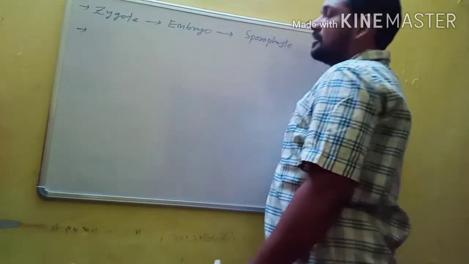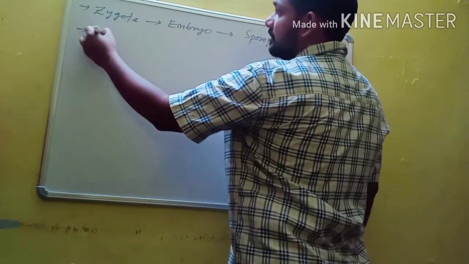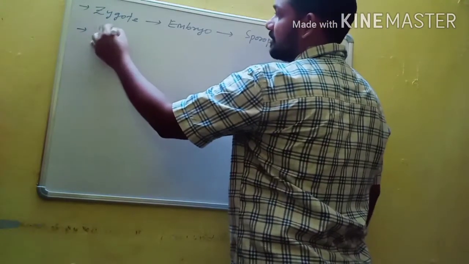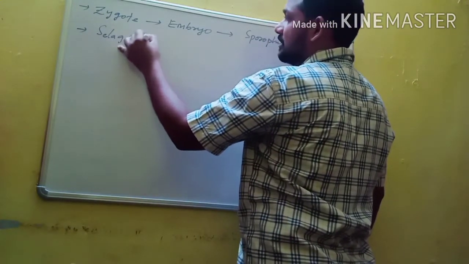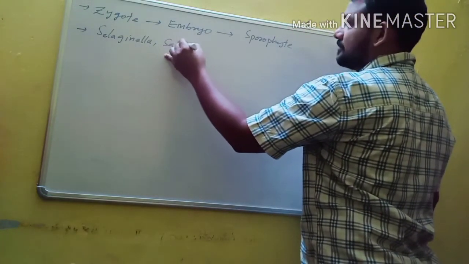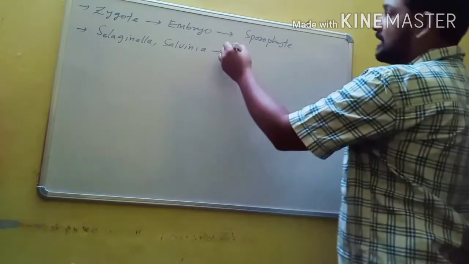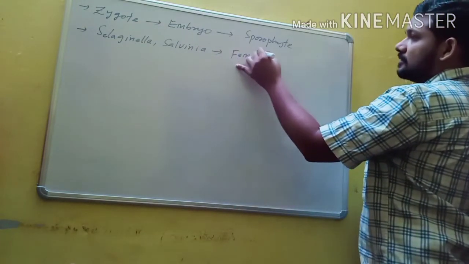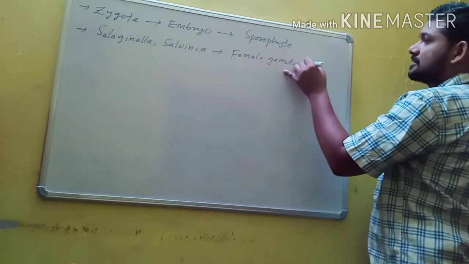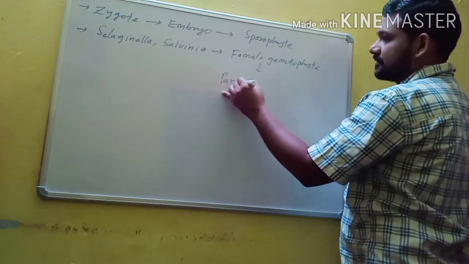In some heterosporous pteridophytes like Selaginella and Salvinia, the female gametophyte is retained in the parent sporophyte.